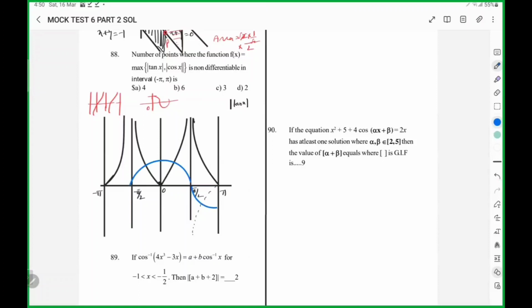Actually, cos x, mod cos x will be like this. So here, maximum means the final graph will be the maximum. From here to here, you observe this will be maximum. This will be maximum. This is maximum. Maximum.